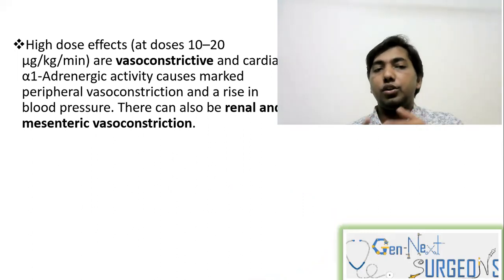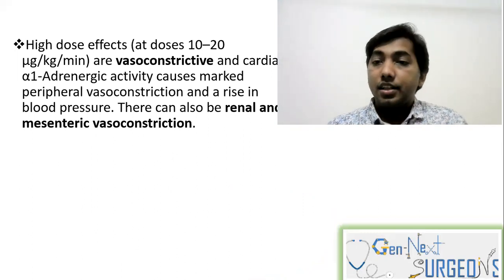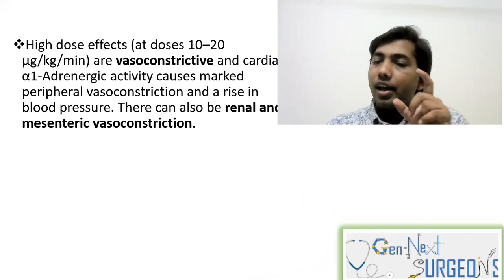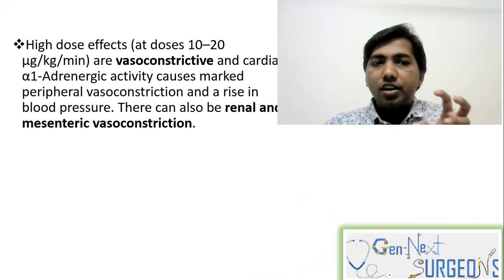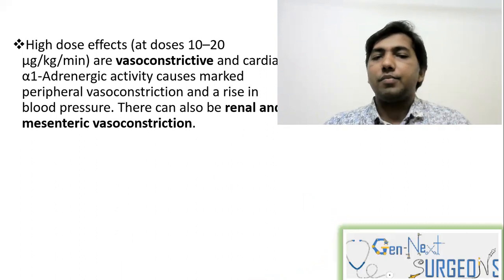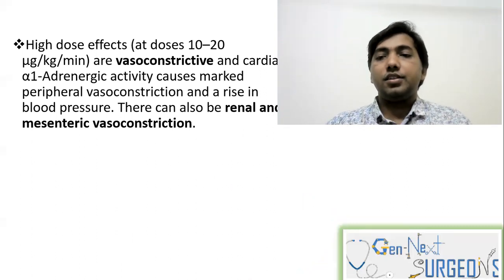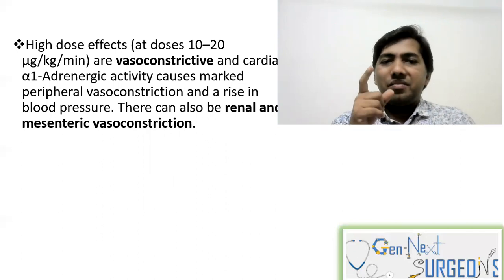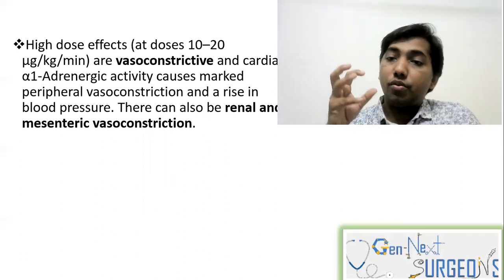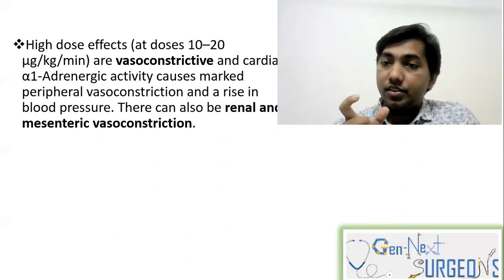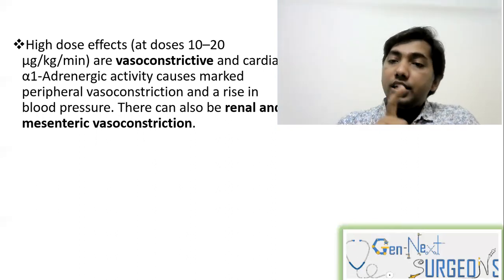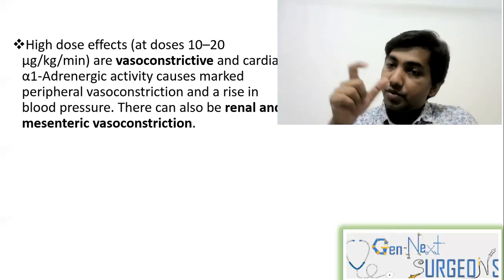A dose of 10 to 20 microgram per kg per minute is vasoconstrictive as well as cardiac. That will cause marked vasoconstriction and a rise in blood pressure. But that vasoconstriction will also cause vasoconstriction of the renal vessels and mesenteric vessels. So renal perfusion will be decreased.